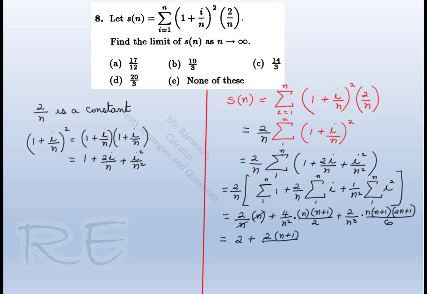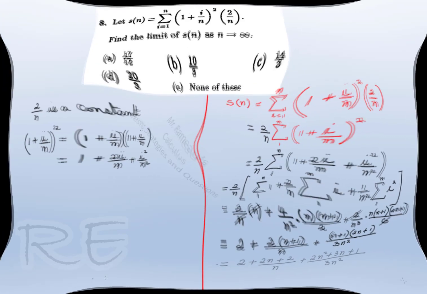So we're left with 2 times n plus 1 over n. 2 and 6, so we're left with 3. n over n cubed, we're left with n squared. And n plus 1 times 2n plus 1.